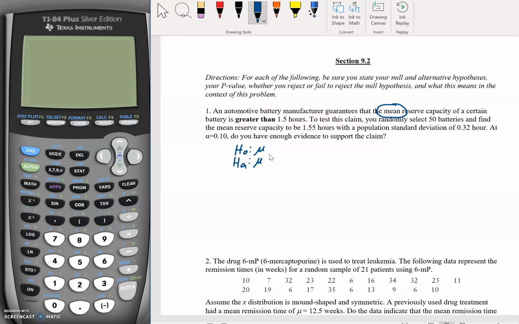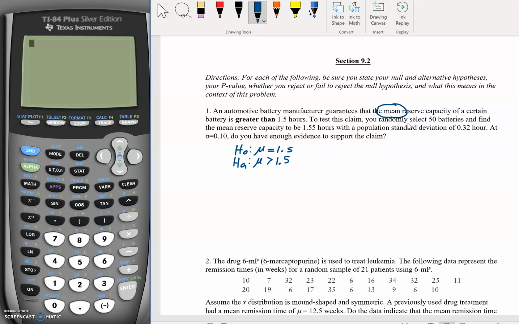The null always says mu equals something. The alternative is what we're trying to show that's something other than equals: greater than, less than, or not equal to. This says greater than, so we're going to try to show that it's greater than 1.5 hours. So the null is that it is exactly 1.5 hours.